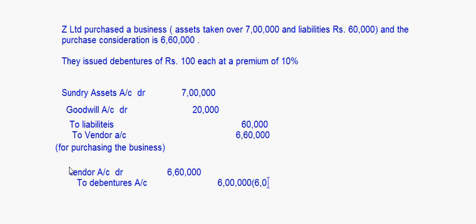Now to securities premium reserve, per debenture, the premium is how much? 10 rupees. So 6,000 into 10 is 60,000 rupees, right? This will be the entry in this case, right?